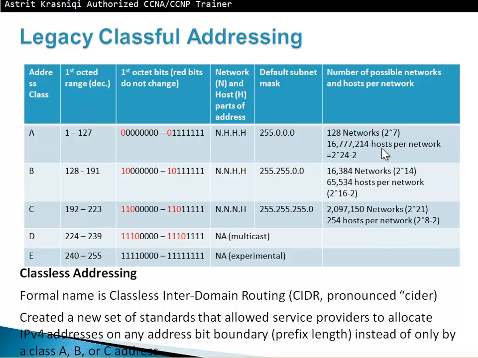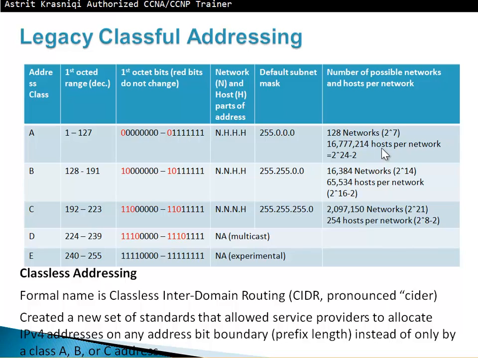Then we have class B for medium-sized companies, and class C was for small businesses. It didn't work very well because lots of unused IP addresses were being sold to companies and staying unused. So then we moved on to classless addressing, and the formal name is classless interdomain routing, CIDR.